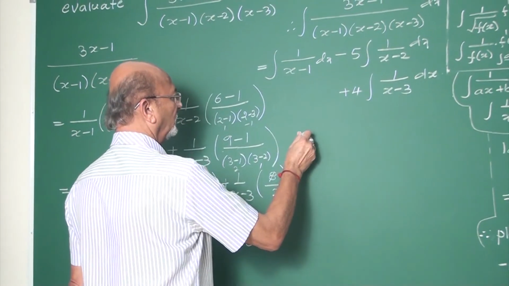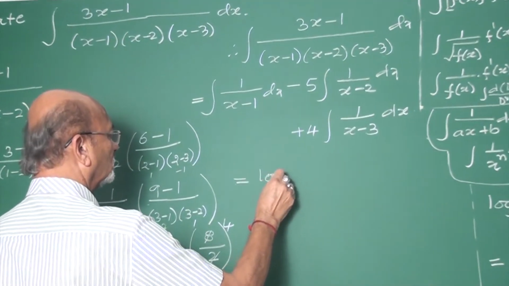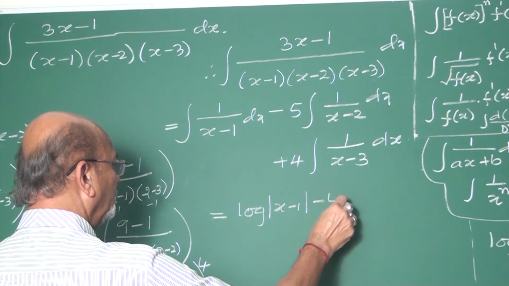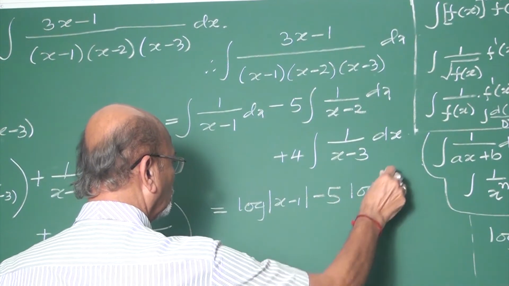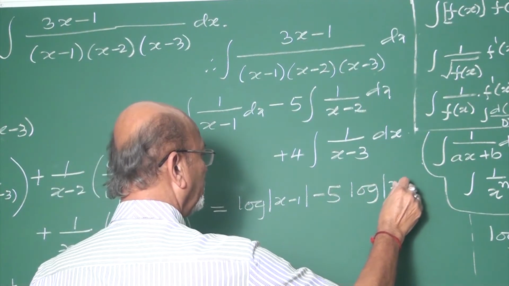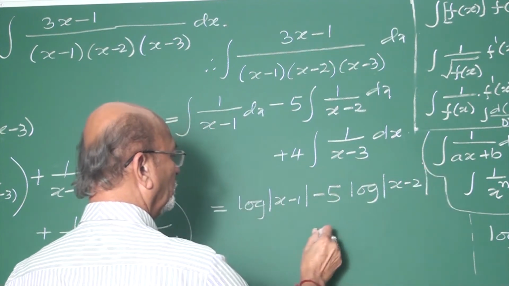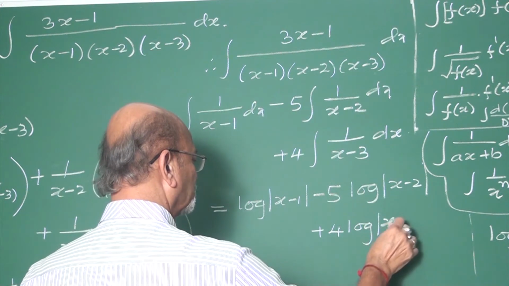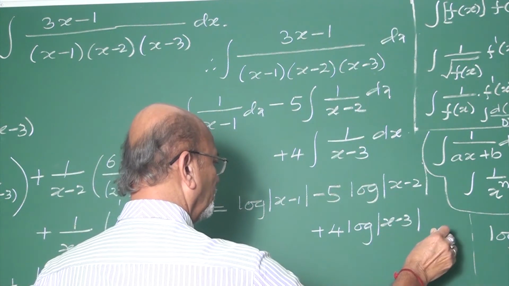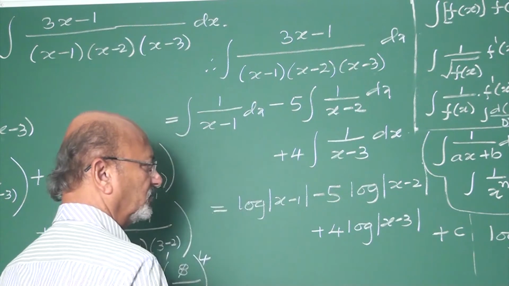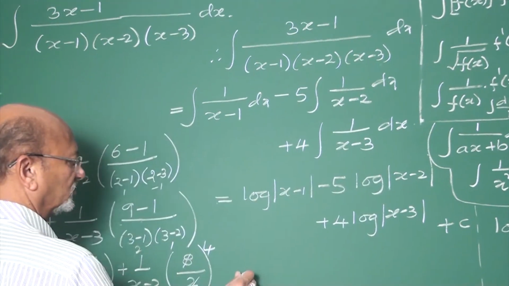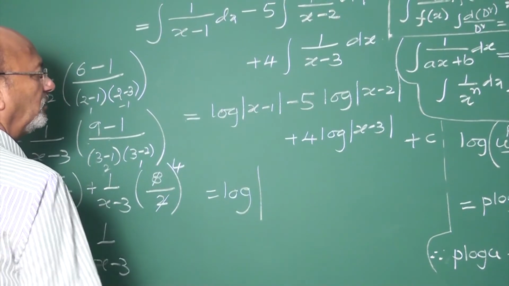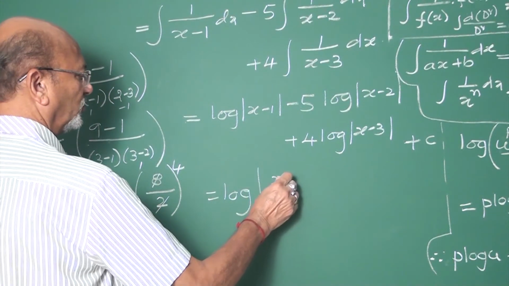Yes, friend. It is log mod x minus 1, minus 5 log mod x minus 2, plus 4 log mod x minus 3. If you want, you write it as plus c. Apply the property for these. Log mod, x minus 1 is above.